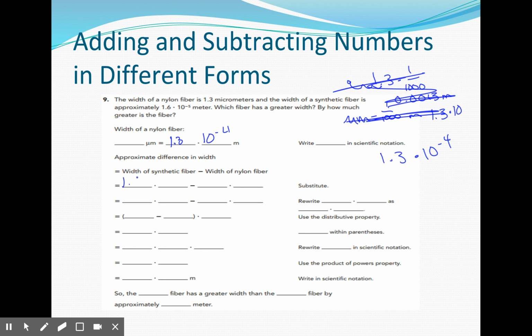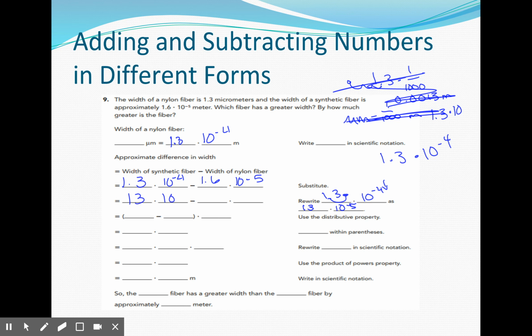So 1.3 times 10 to the negative fourth minus 1.6 times 10 to the negative fifth. So again, we're dropping this down. 1.3 times 10 to the negative fourth. We're going to move this over because we want to drop this one down by 1. So 13 times 10 to the negative fifth.